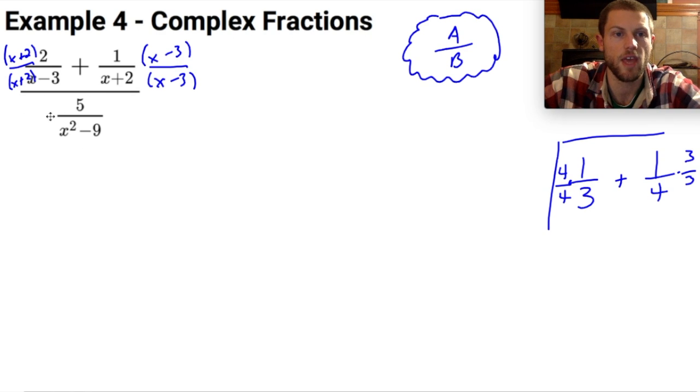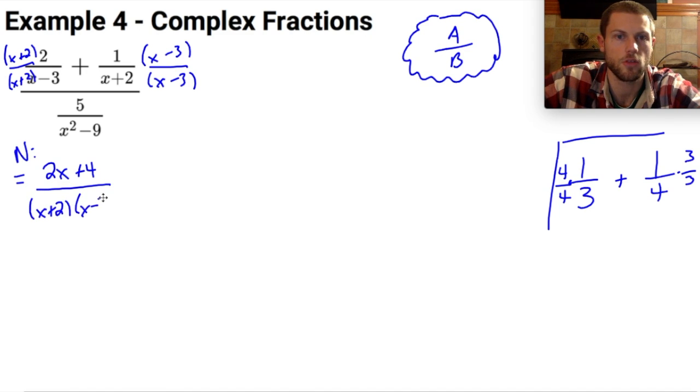So I'm going to table this denominator for a second, and this numerator, I'll put a little n to remind myself, will be 2x plus 4 when I multiply x plus 2 times 2, over, and I'm just going to leave this as x plus 2 times x minus 3, plus, and this is just a 1, so this becomes x minus 3 over x plus 2 times x minus 3.